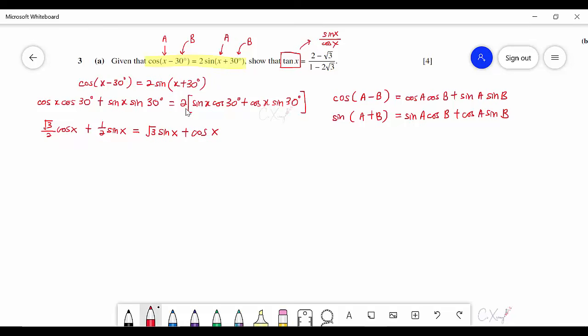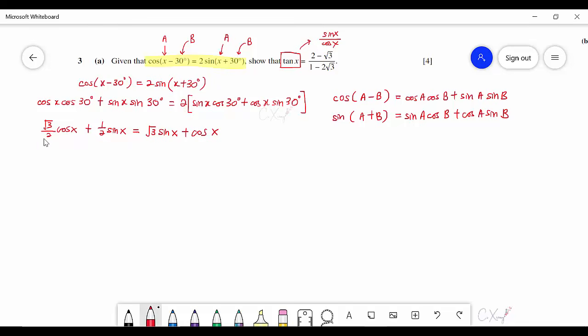For the whole equation here, you can try to group sine x one side, cos x one side, then you rephrase everything if you want. Or you can straight away divide the whole equation with cos x if you want. So that's another option for you. All right, so maybe for now I will try.